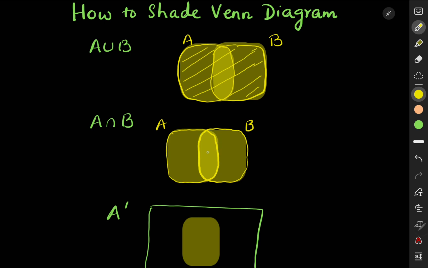So the region which is overlapping is the common region. So we only shade this region to show A intersection B.